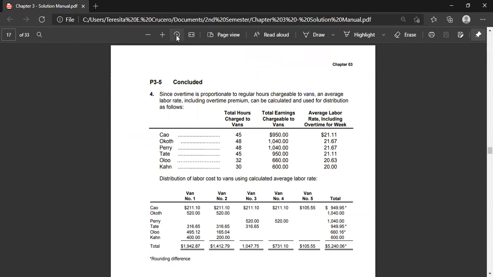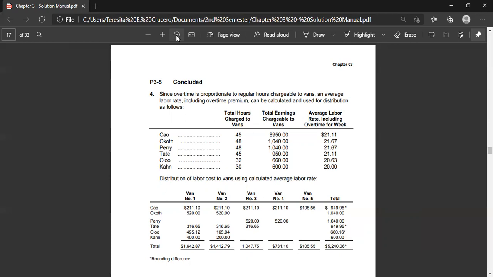Round the labor rates to the nearest whole cent. So we now go to requirement 4. Since overtime is proportionate to regular hours chargeable to vans, an average labor rate, including the overtime premium, can be calculated and used for distribution.